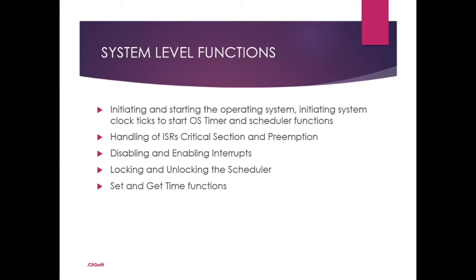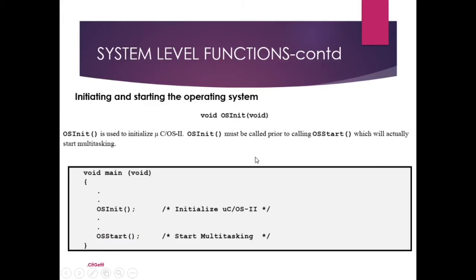Okay, first of all we will be looking into initiating and starting the operating system. So the function provided by MicroC OS2 in order to initiate an operating system is the OS init function. We will be declaring the function as void OS init, and we won't be passing any parameters in it.